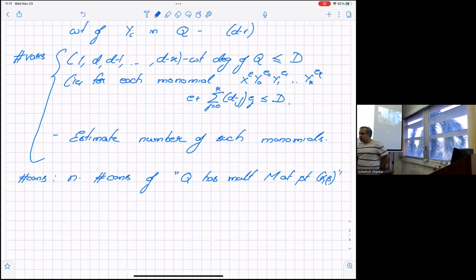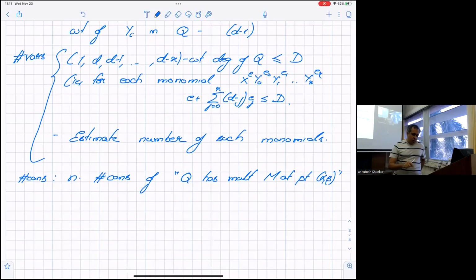Q is a bivariate polynomial, therefore a potential basis for it is things of this form. There's a unique representation when you write it this way. You wanted the coefficient of every x minus alpha to the power i, y minus beta to the power j, for i plus j less than m, to be 0. This was the multiplicity.